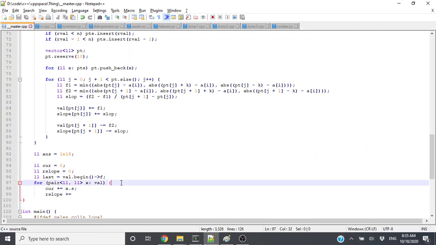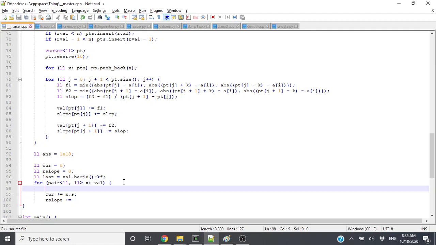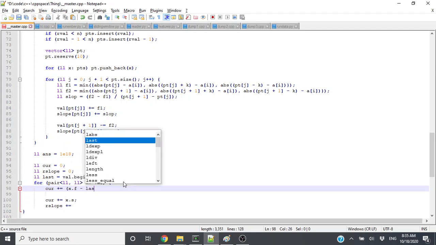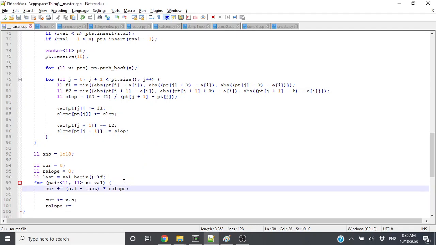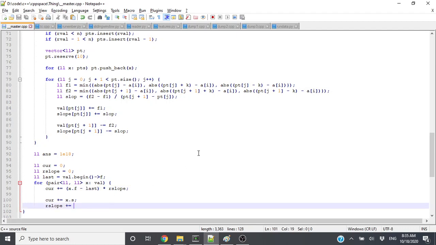Yeah. So let's see, plus equals x dot first minus last times our slope, and then this is our slope plus equals slope x dot first.